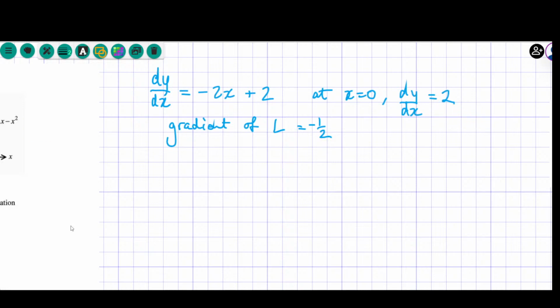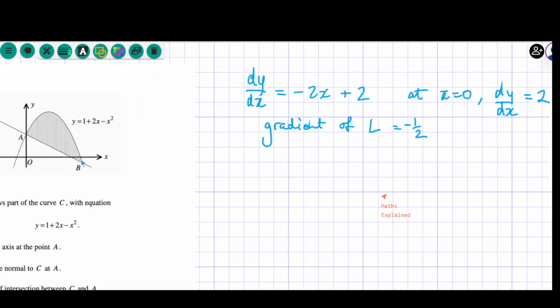Apologies. So this is the general derivative, and then of course we need to find what the gradient is at A. So we plug in x equals 0, and then we get that slope, which is 2 when x equals 0. So then we get the gradient of L, which is negative a half.